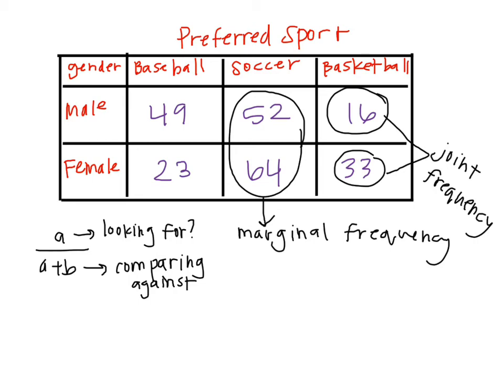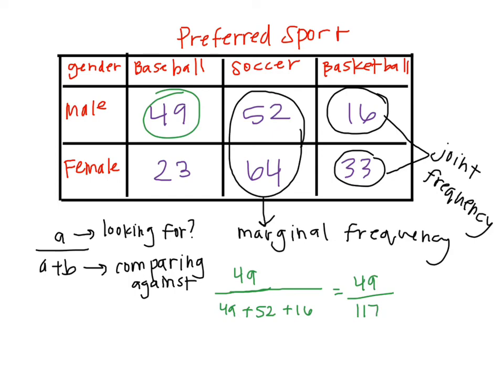So what I'm looking for is males who prefer baseball, which is 49, and I'm comparing it to all the males. So there were 49 males who preferred baseball, 52 who preferred soccer, and 16 who preferred basketball. So when I add those all together, I get 49 males who prefer baseball divided by 117 males.